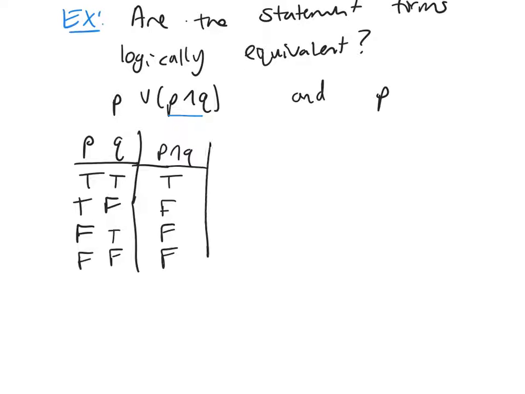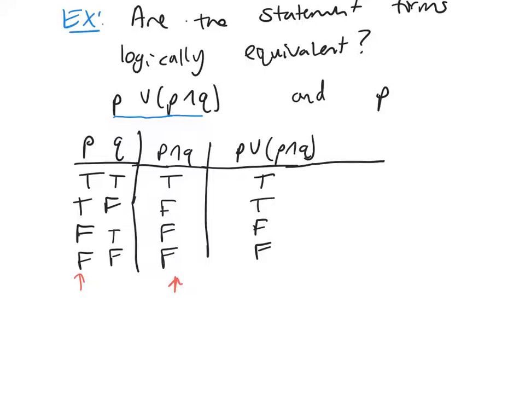And then I can make the whole thing now, P or P and Q. So we're going to look at the P column, we're going to look at the P and Q column, and there's an OR here, so we only need one T. True, true, and then false, false.